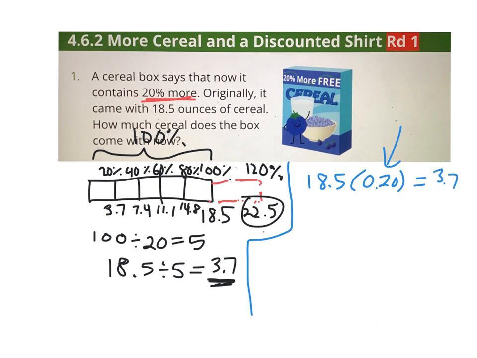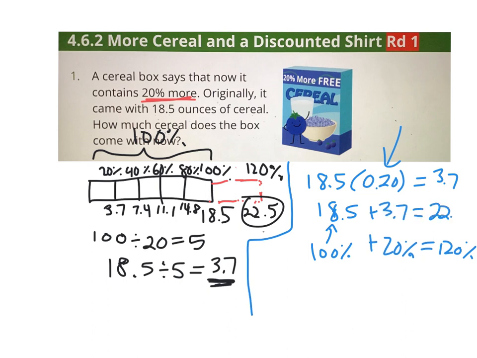Once you have your amount of increase, we're going to see that 120% can be found by calculating your 100% and adding the extra 20% for a total of 120%. So 18.5 plus your 3.7 is equal to 22.5. My mistake, it should be 22.2. Let me fix that on the other side as well.